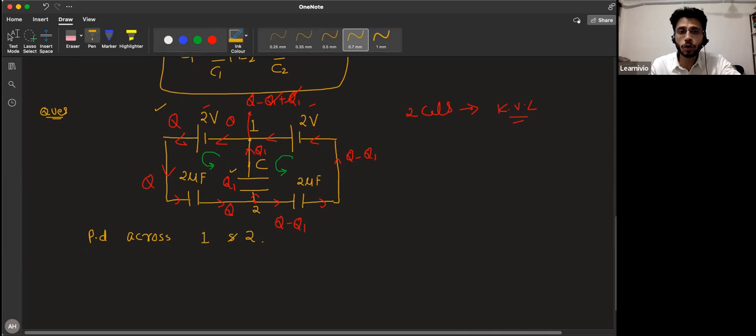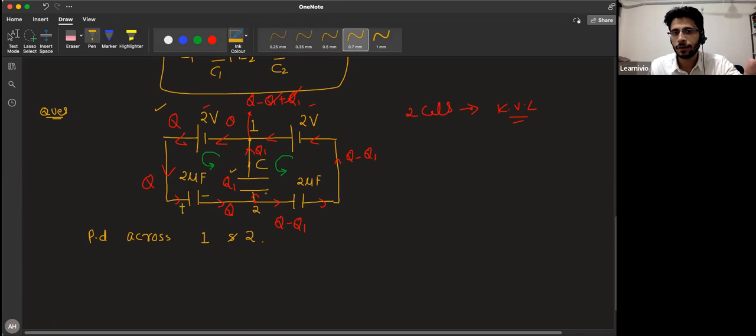How to decide the polarity? Which plate will be positive, which will be negative? See, the first plate in the direction of charge is positive, the second is negative.